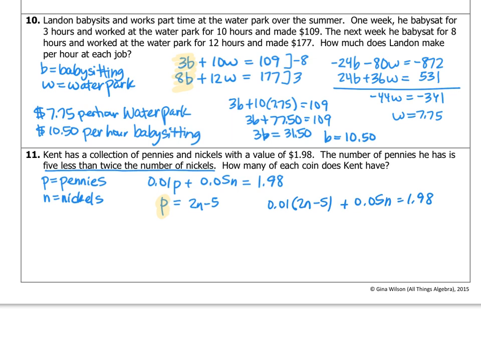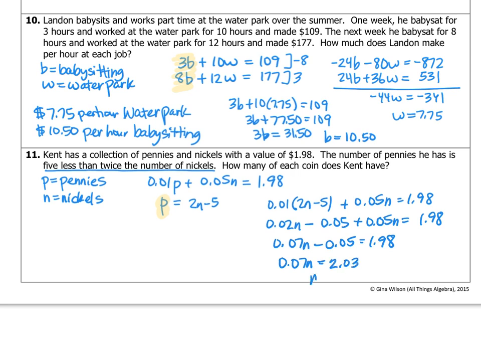All right, so I've got distributive property right here, which gives me this. And then when I add my like terms, I get 0.07n, if I add the n's together. Okay, now I'm going to add that constant to the other side. Divide by 0.07 and I get 29.